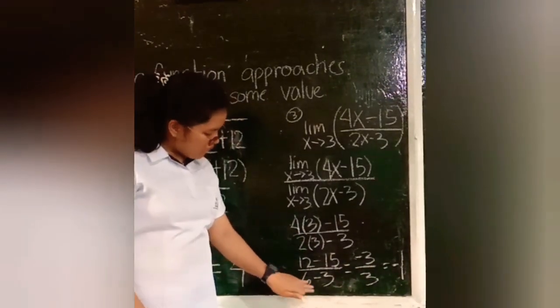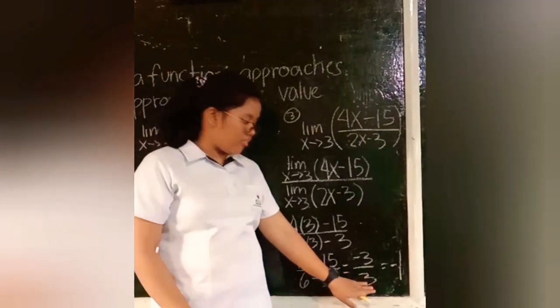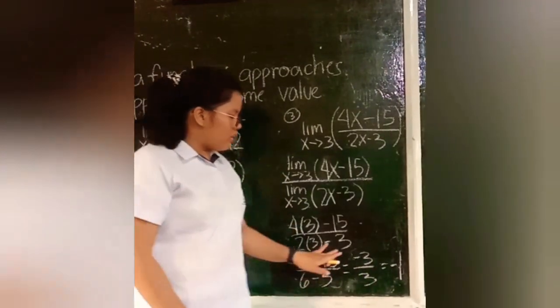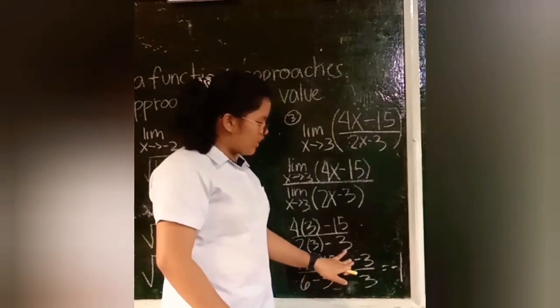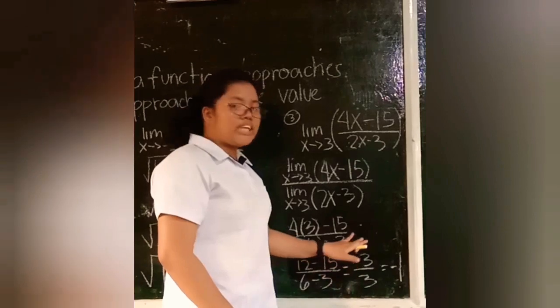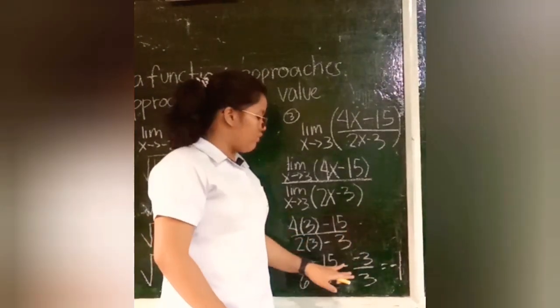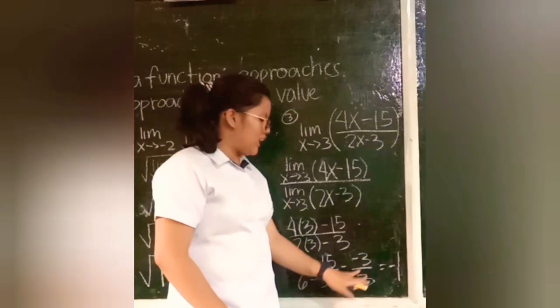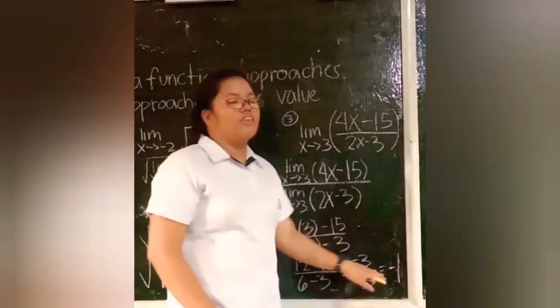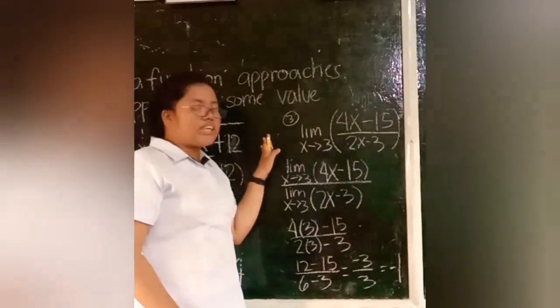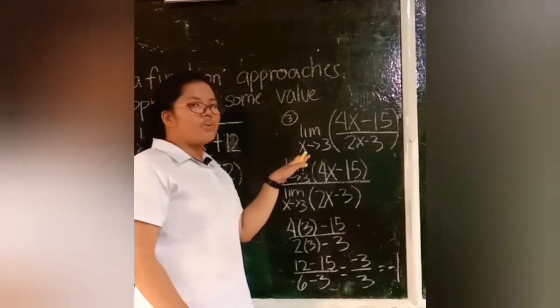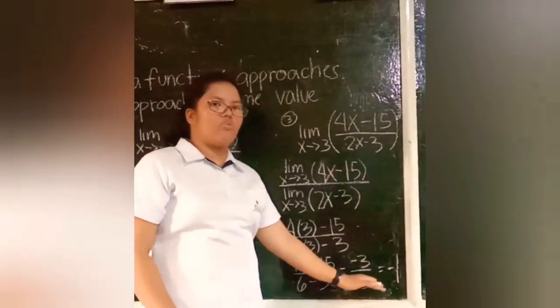Then 6 minus 3 is positive 3. So the answer is negative 3 over 3. So since it can be divided, negative 3 divided by 3 is negative 1. So the limit as x approaches 3 is negative 1.